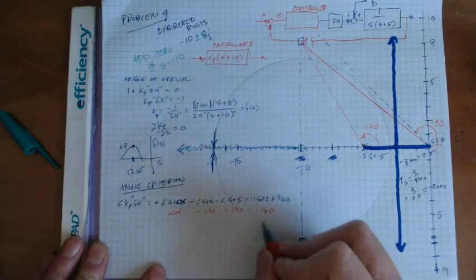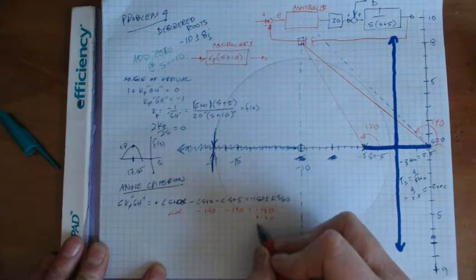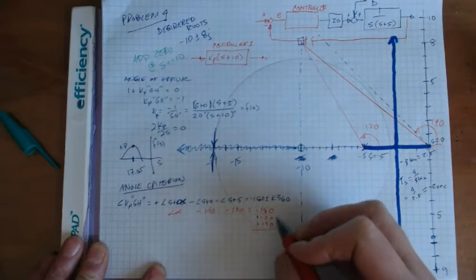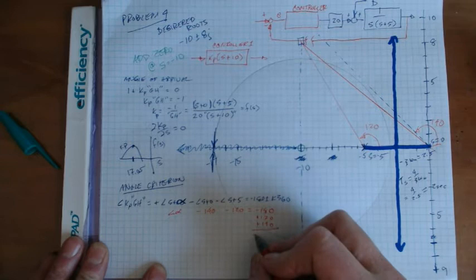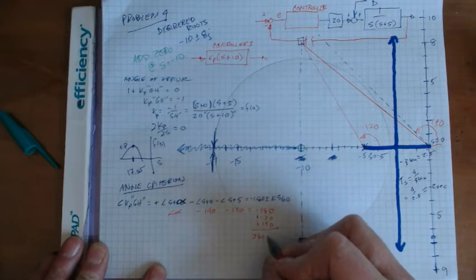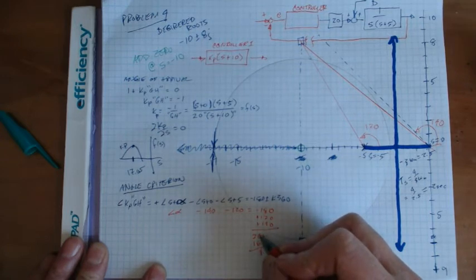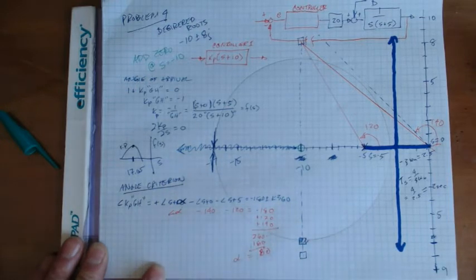I always get the minus signs mixed up here. So we're going to add 120 and 140 to get 260, minus 180. So that's 80 degrees. Alpha equals 80 degrees.